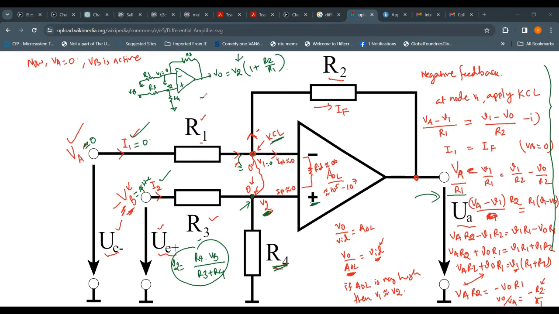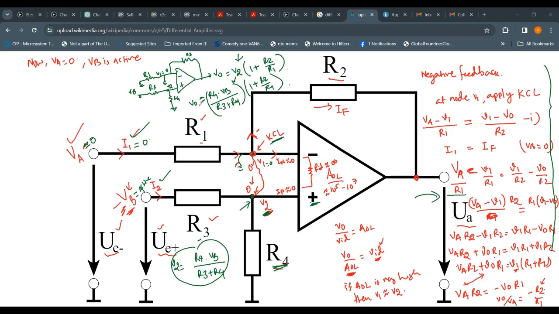We'll reach here. So VO will be now R4 times VB divided by R3 plus R4. This is your input V2 multiplied by the gain factor 1 plus R2 over R1. Right.